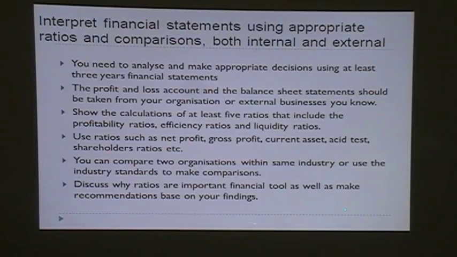A 3 years comparison is very good, which is the minimum. You can as well compare 2 organizations within the same industry. For example, in the retail industry, you can compare 2 organizations, or use the industry standard to make comparison as well. The last part is to discuss why ratios are important financial tools, as well as make recommendations based on your findings.